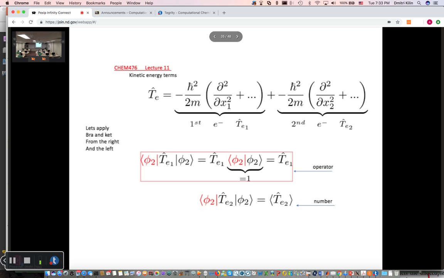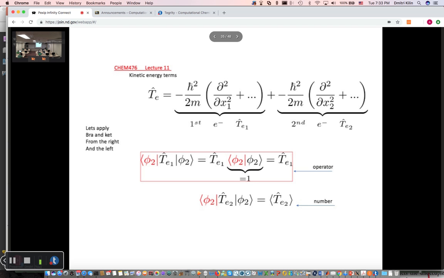But now, in the last line of the slide, we are going to apply the same procedure of finding the expectation value to the kinetic energy of the second electron. Here we cannot swap anything. Here this kinetic energy, which is just a derivative of position, will change the wave functions, and upon completion of this operation we will get a number.